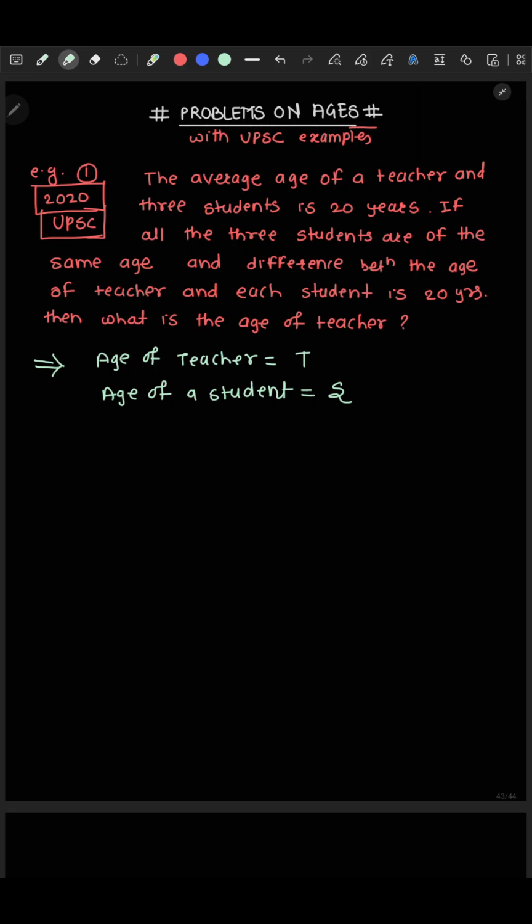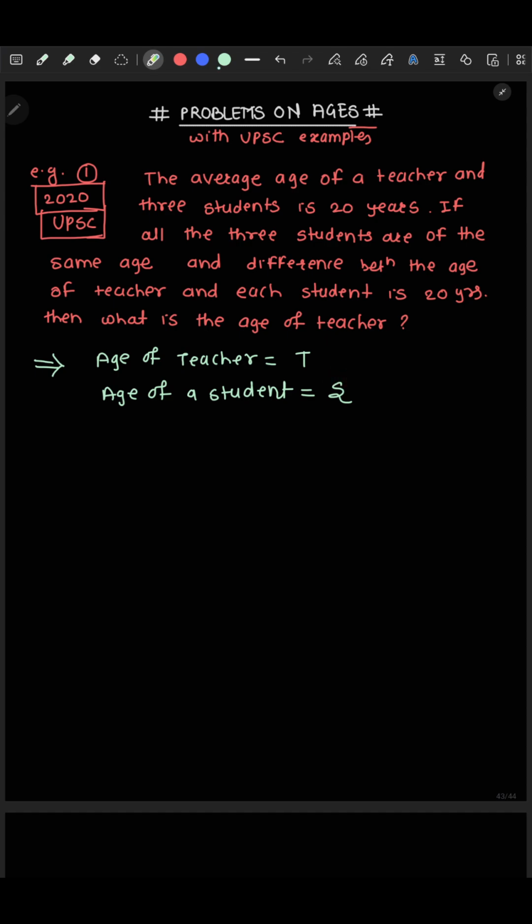And if you read the second statement, all three students are of the same age, so each student's age is S.